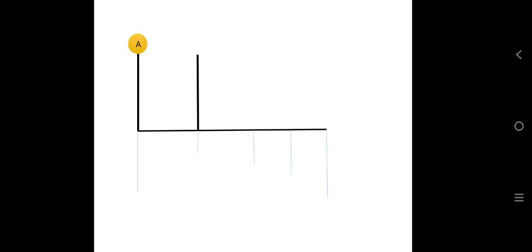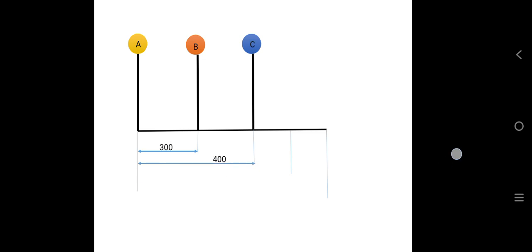So this is the A mass, this is the B mass, and it's rotating at some radius. The distance between the A plane and B plane is 300 mm, and this is the C mass, revolving at some radius. The distance between A and C is 400 mm.